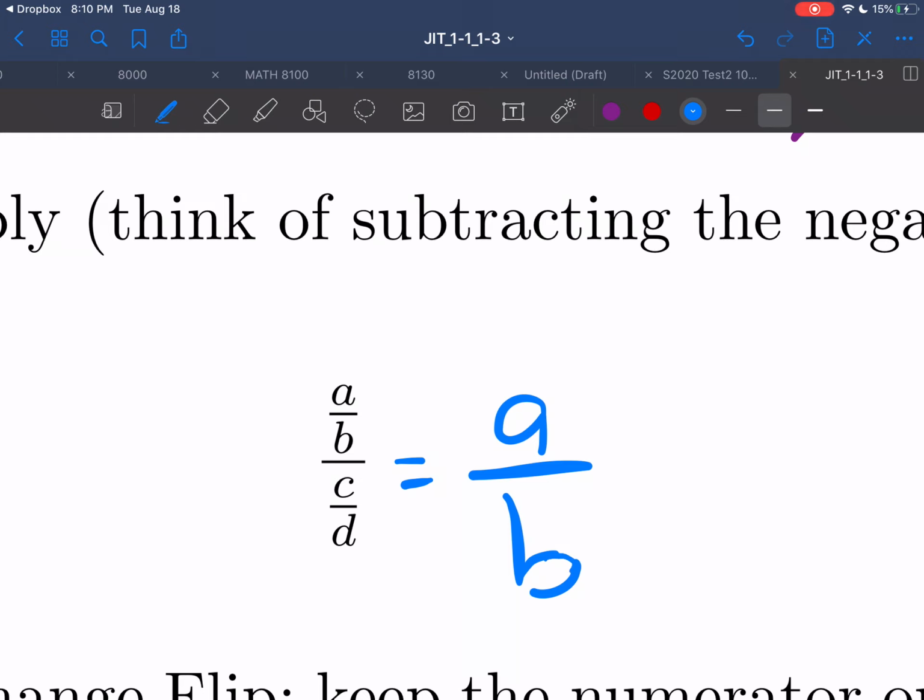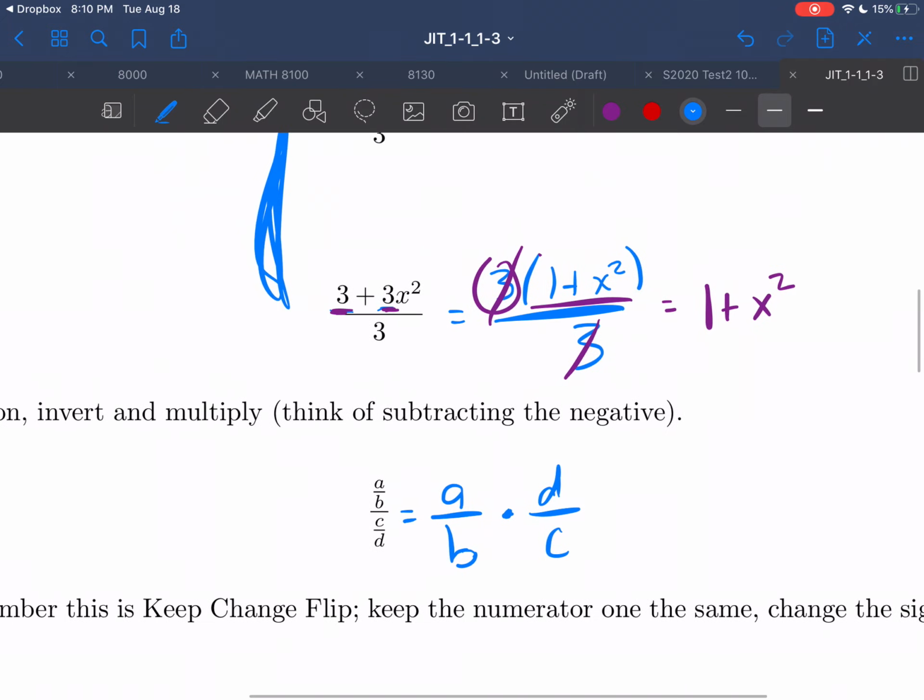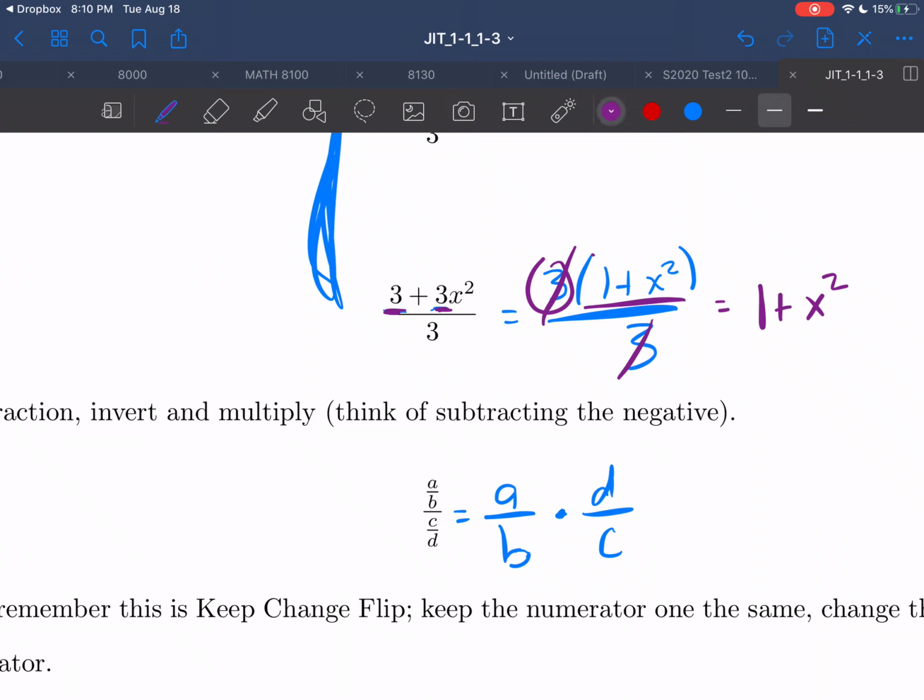Change the sign, so change the division to multiplication. And then flip the bottom fraction, or the denominator, so that becomes d over c instead of c over d. The invert and multiply comes from inverting this fraction and then multiplying them.